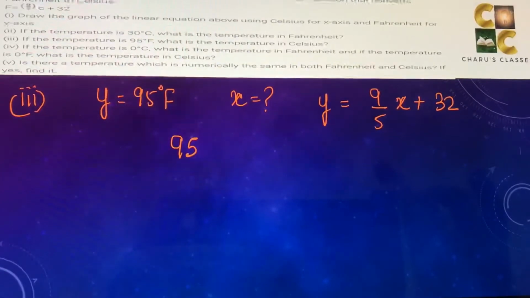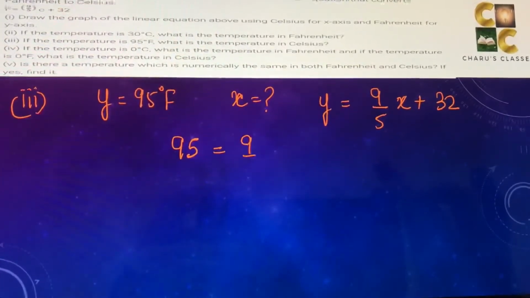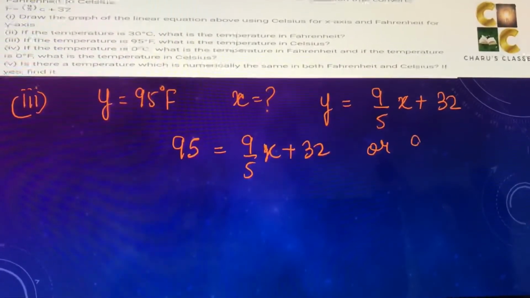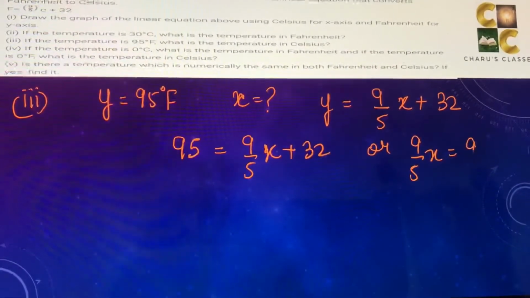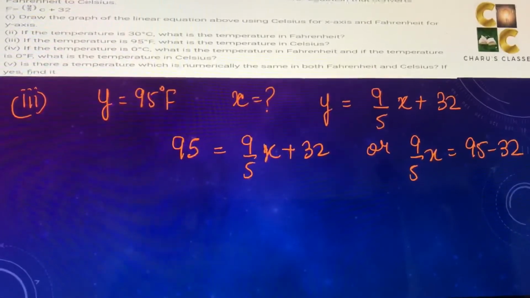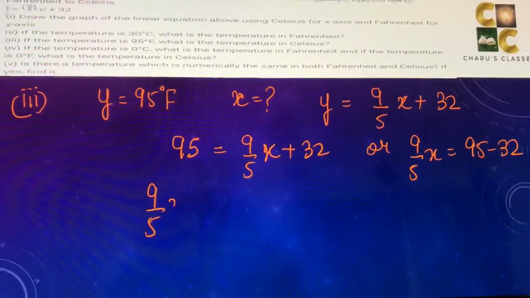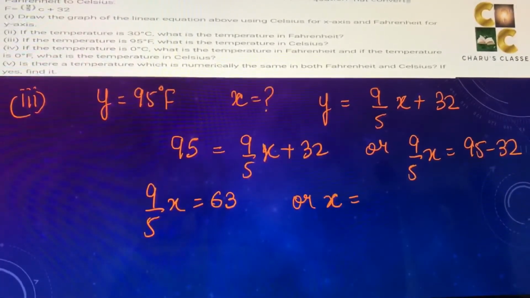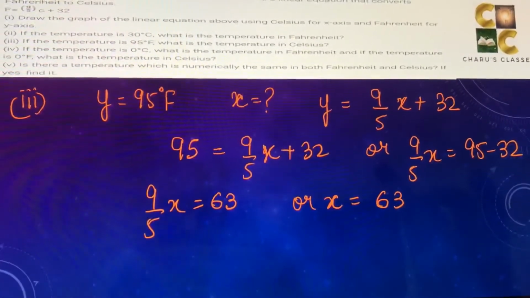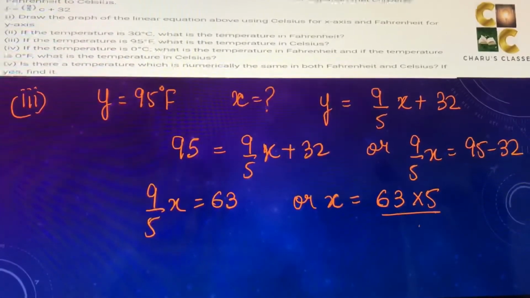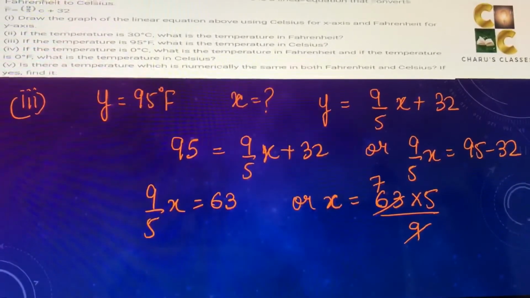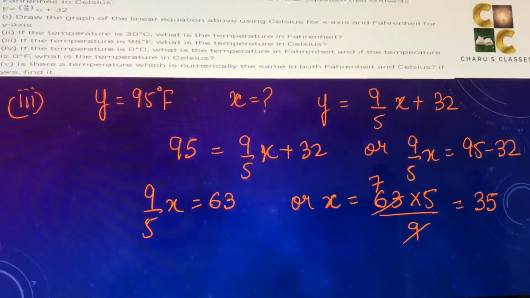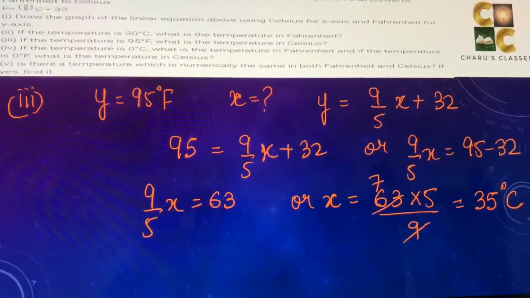So in place of y, we'll put 95. 95 is equal to 9 by 5x plus 32, or 9 by 5x can be written as 95 minus 32, which is 63. Or I can write x is equal to, here it will cross multiply, 63 into 5 by 9. 9 and 63 can cancel, and my x is coming as 35. So it is 35 degrees Celsius.